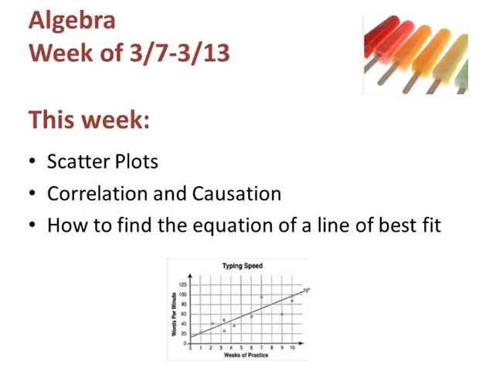And then finally, we're going to look at how we can use technology to help us find the equation of the line of best fit. So here's just a little diagram below to show you an example of a scatter plot. The dots here are the line of best fit. So that's what we're going to be taking a look at this week, a little bit more in depth.